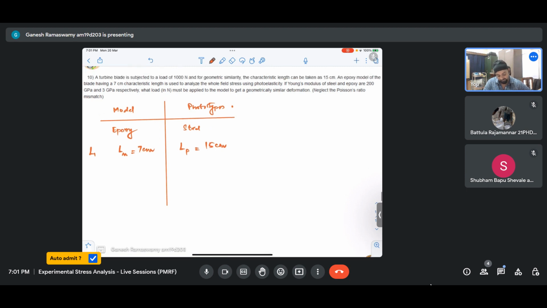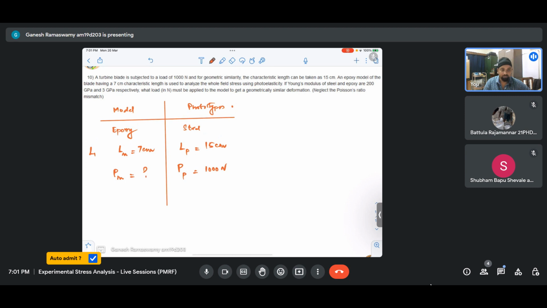The load to be applied for the model, let me denote that by P. P prototype is 1000 newtons. P model is what we are trying to determine.